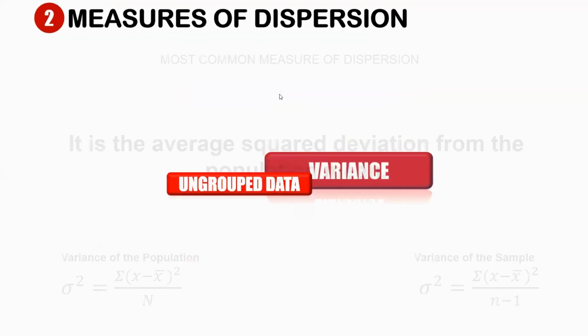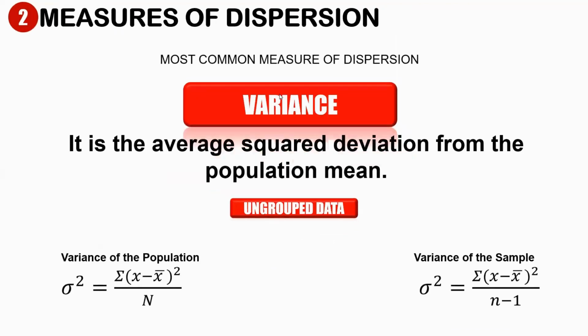Now let us take a look at the variance. Variance is the average squared deviation from the population's mean. We need to consider two formulas in terms of variance: the variance of the population and the variance of the sample.